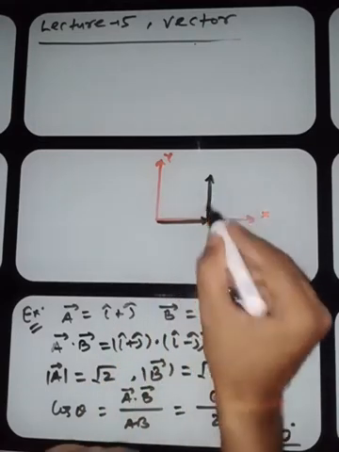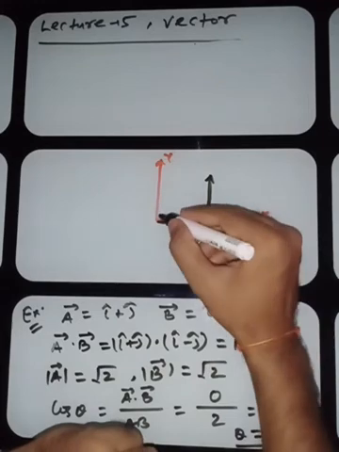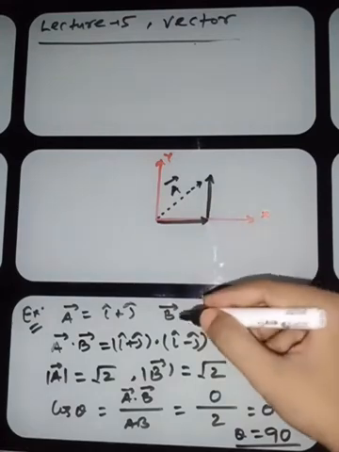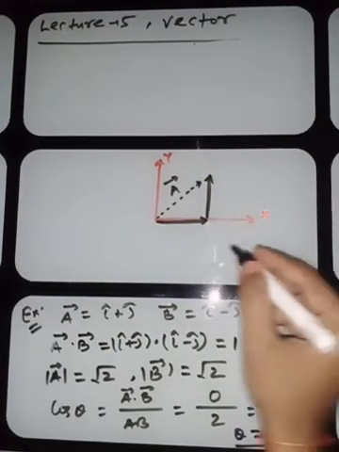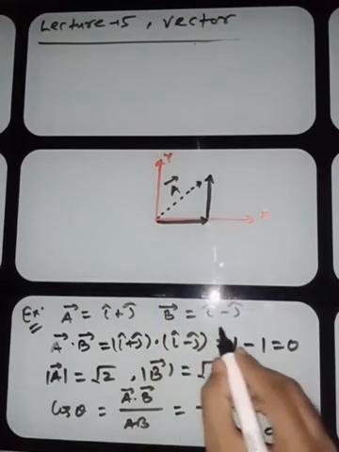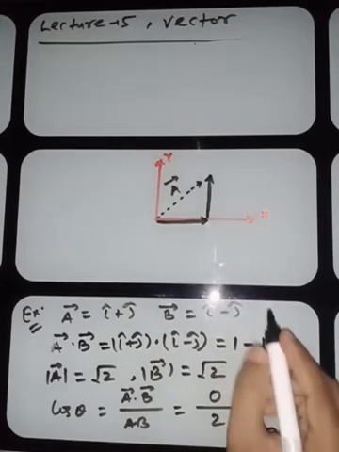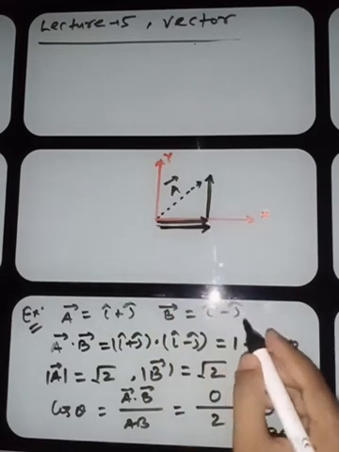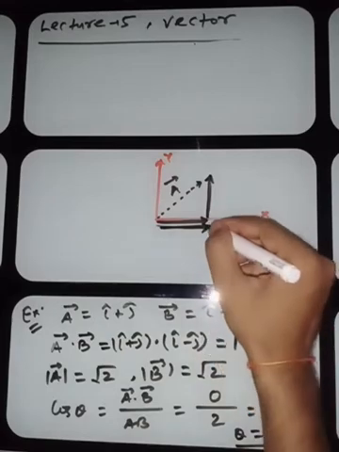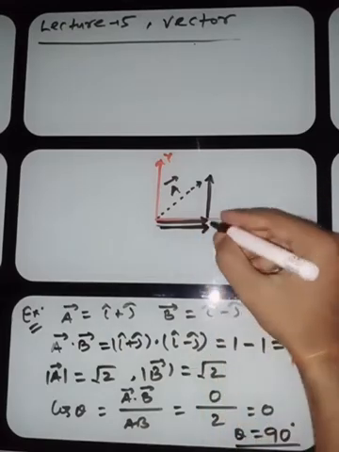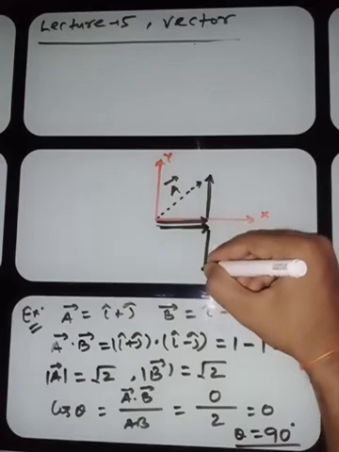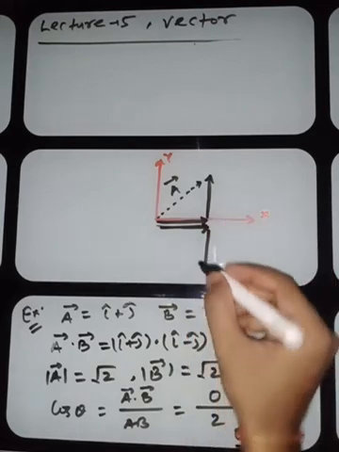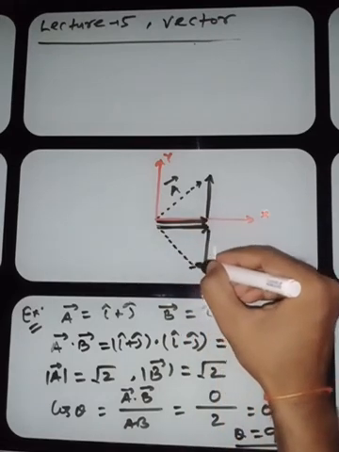So this is the vector A. Now vector B, i minus j. This will be the i cap of the same length, remember. Now the j cap minus j goes down, and this length and this length will be the same. So this is the vector B.